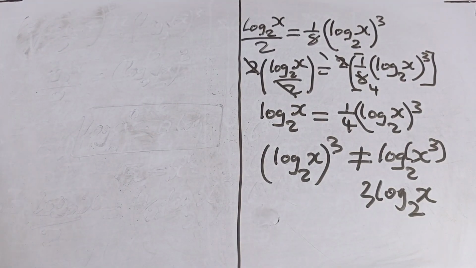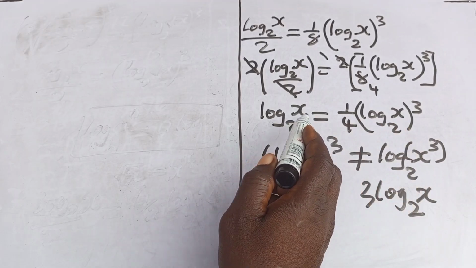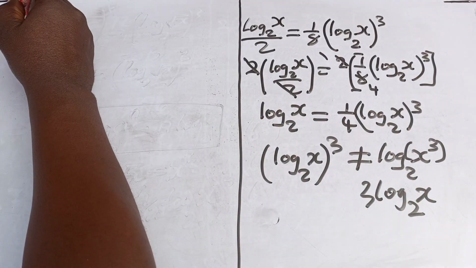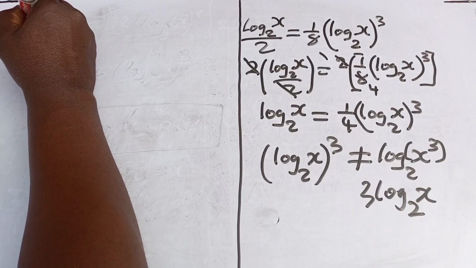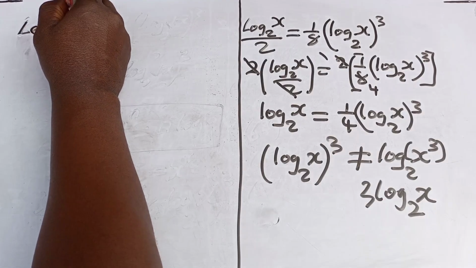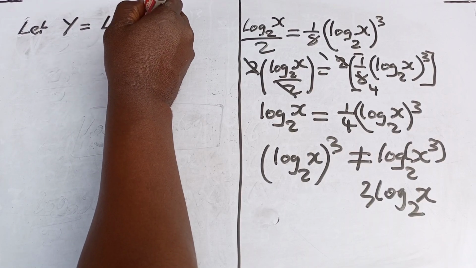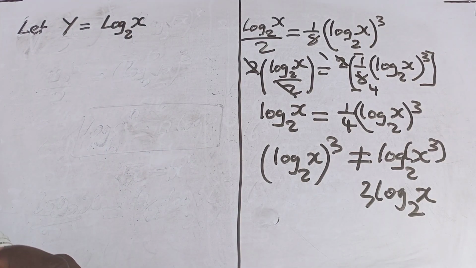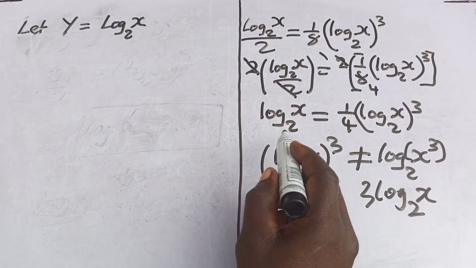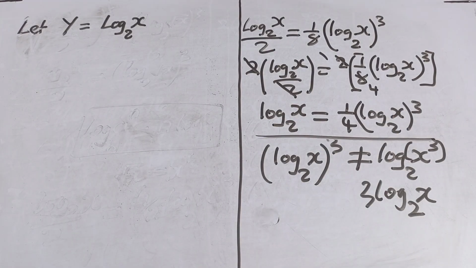Since we have log to the base 2 of x common on both sides, if we let, for example, a new variable y to be log to the base 2 of x, alright, let us rewrite this using that new variable.